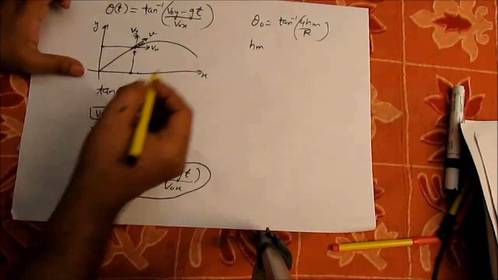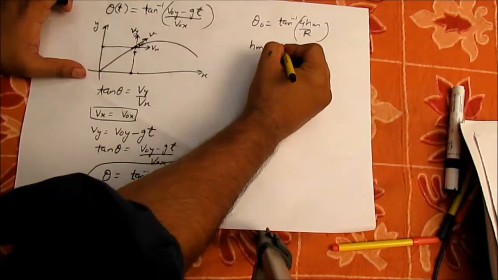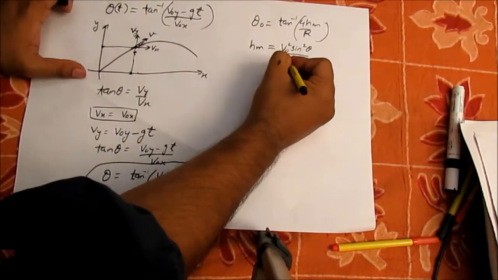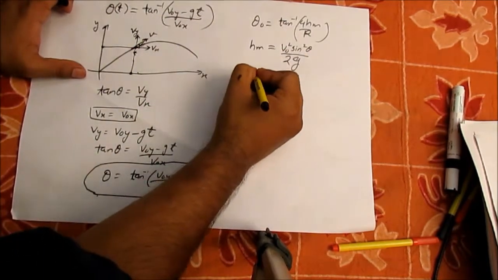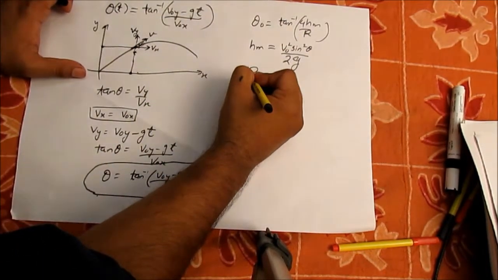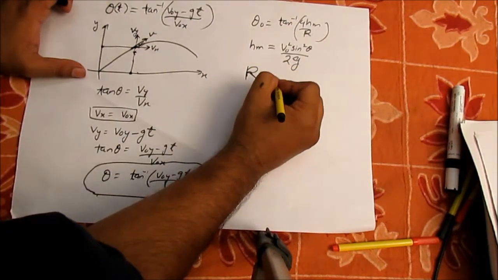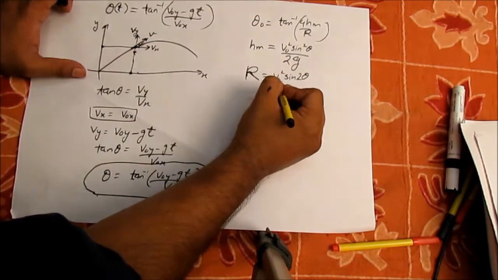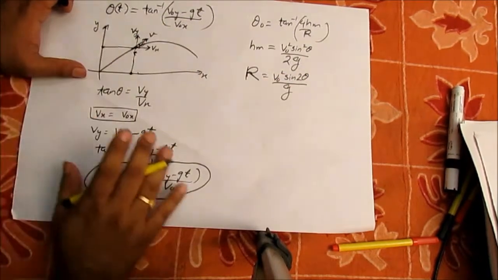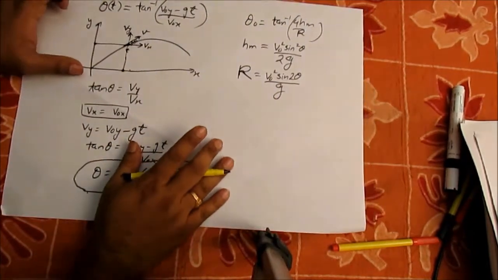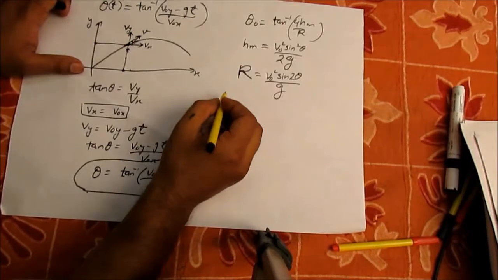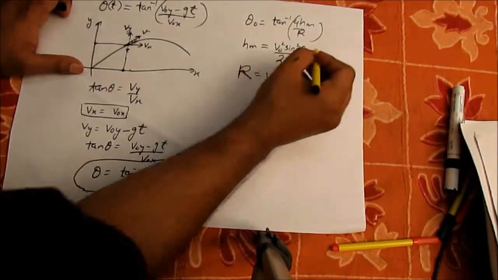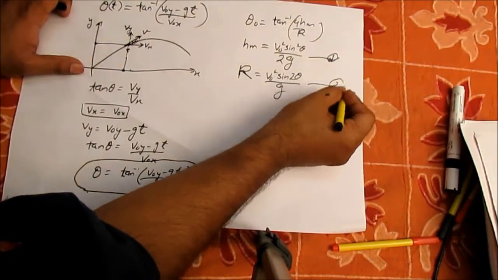So we know the formula for hm as v naught square sine squared theta divided by 2g, and the formula for the range r as v naught square sine 2 theta divided by g. So let's solve from the right hand side. So let's see what is the ratio of hm by r. So this is our equation 1 and this is our equation 2.